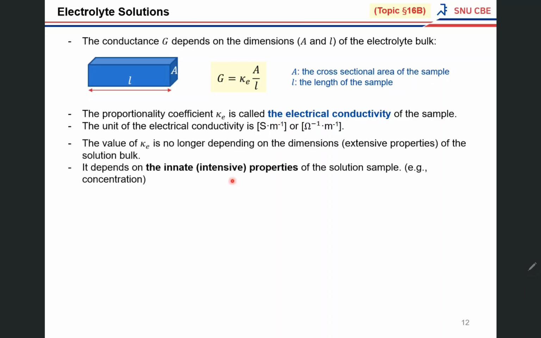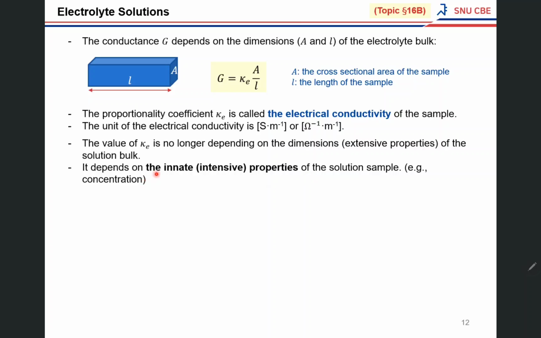And you see here the value of this one is no longer depending on the dimension. The dimension here is basically the extensive property of this solution bulk, and this kappa value depends on the innate, inherent property of this solution sample, and it is an intensive property.